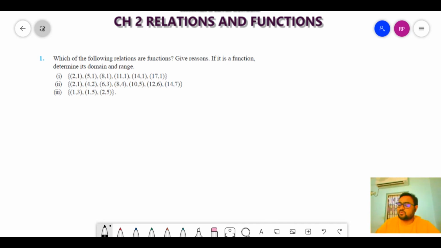Okay, so let's start with the first sub question. Here the ordered pairs given are (2, 1), (5, 1), (8, 1), (11, 1), (14, 1) and (17, 1).